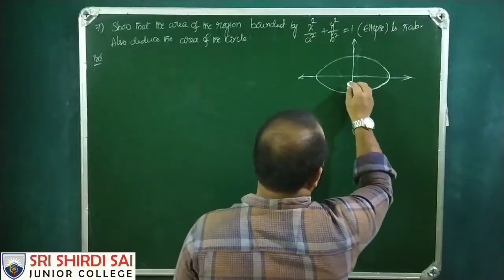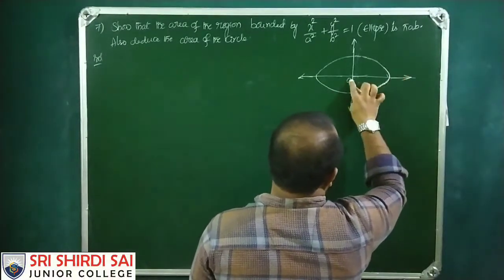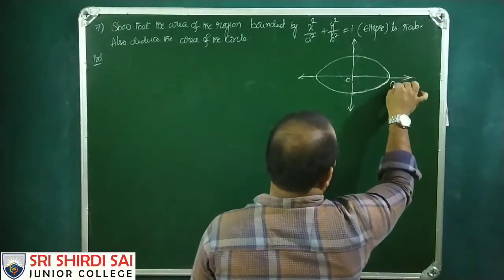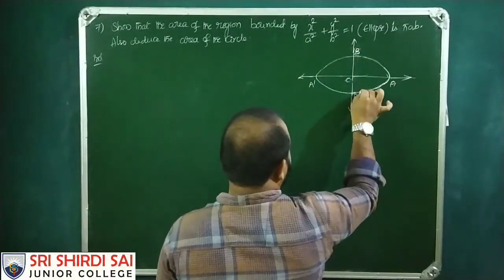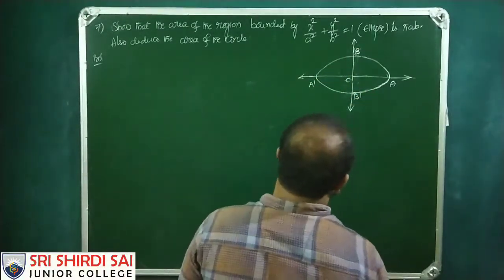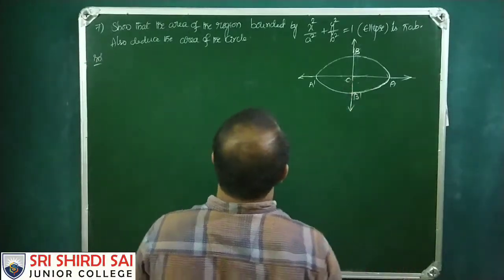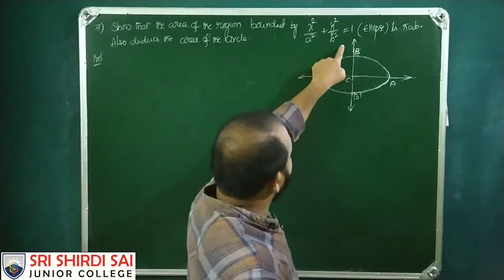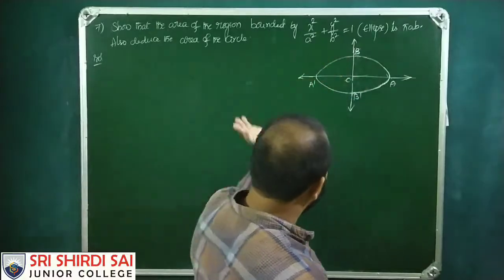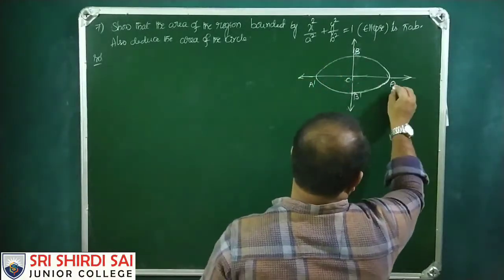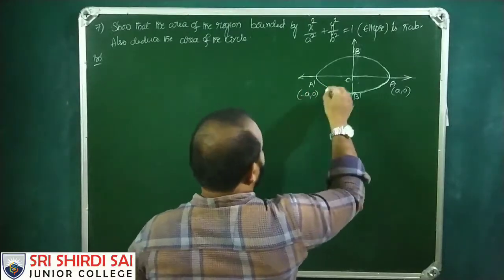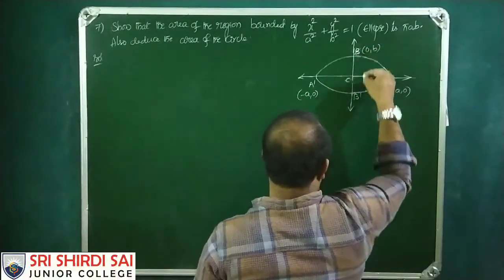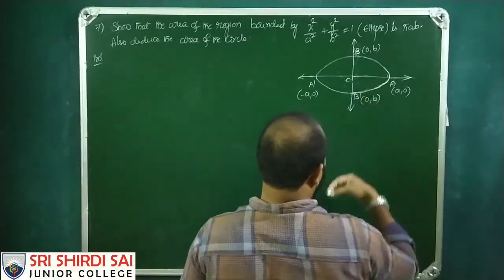This is O, C, A dash, B, B dash. This is x square by a square plus y square by b square equals 1. So this is a comma 0, minus a comma 0, this is 0 comma b and this is 0 comma minus b.